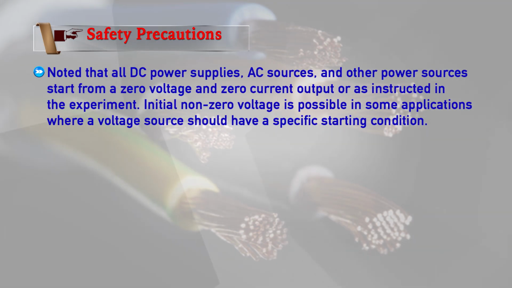Initial non-zero voltage is possible in some applications where a voltage source should have a specific starting condition. Before leaving the lab, all electrical equipment must be turned off. You have to take care of this point very carefully.